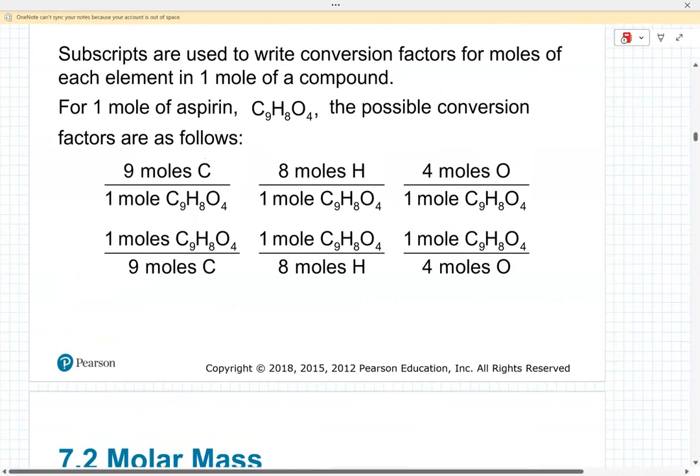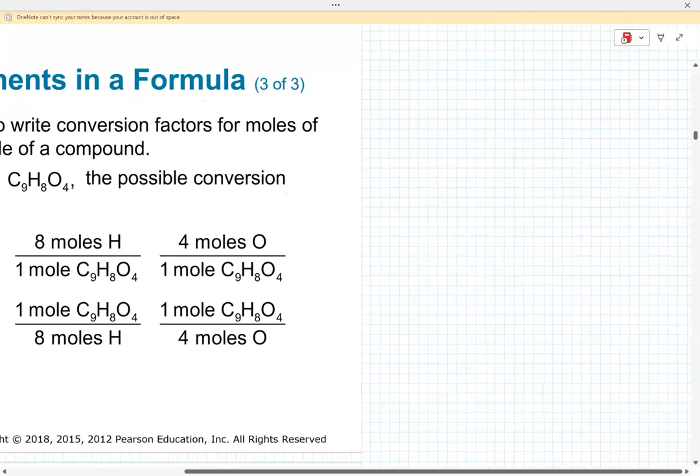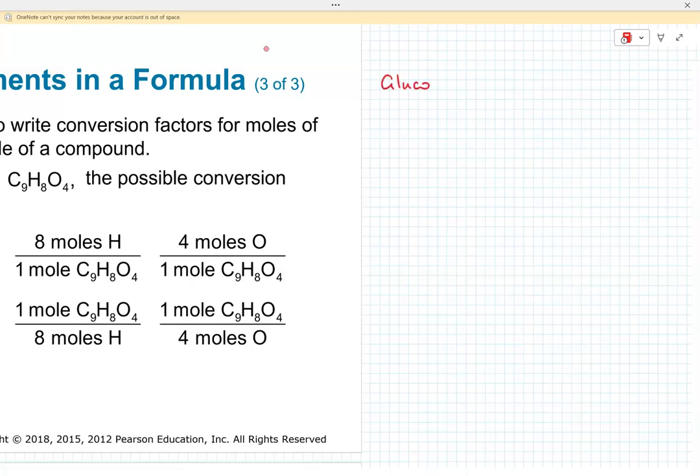Now, before we get any further, forget about aspirin. How about some practice? So the formula of glucose is C6H12O6. Okay?